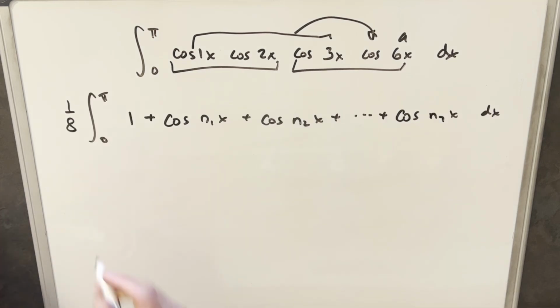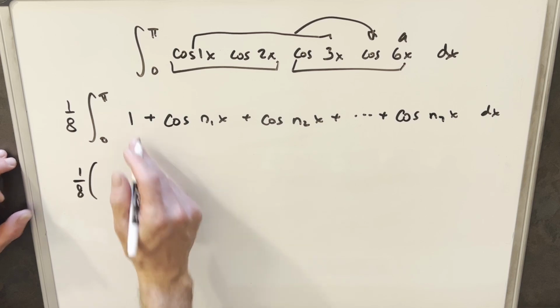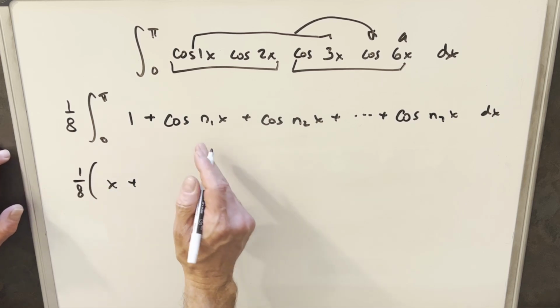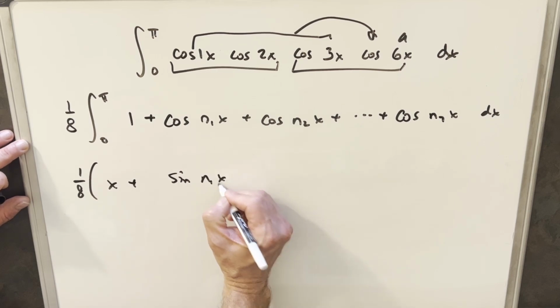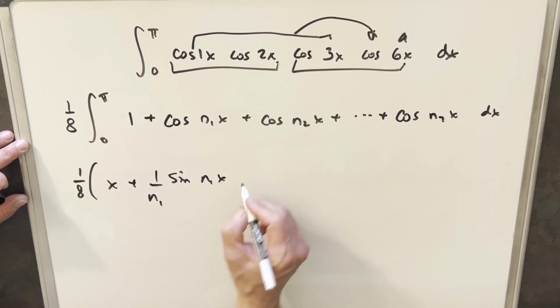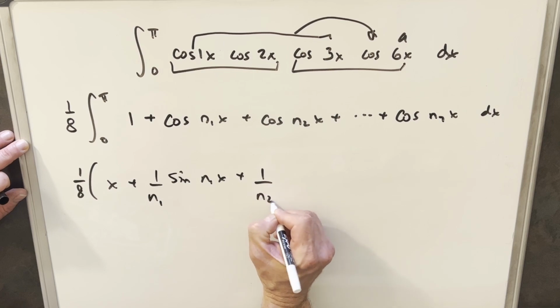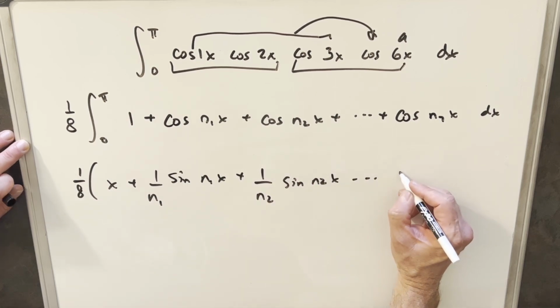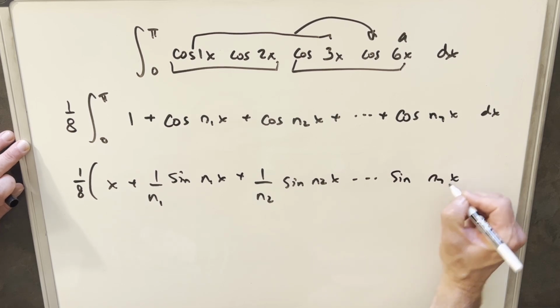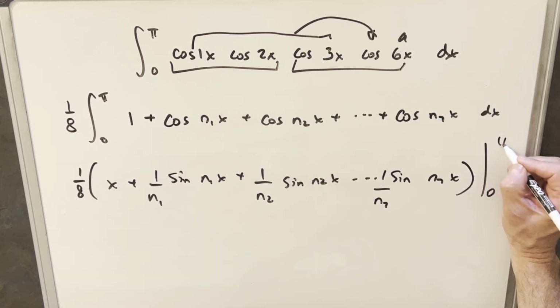Okay, and from here we'll just integrate this thing. So we'll have 1/8 out front. Integrating 1, we're going to have x. Then for each of these terms, we're going to have sine of n1x, whatever that is, divided by n1. And then we're going to have another one like this, all the way to n7. And we just need to evaluate this from 0 to pi.